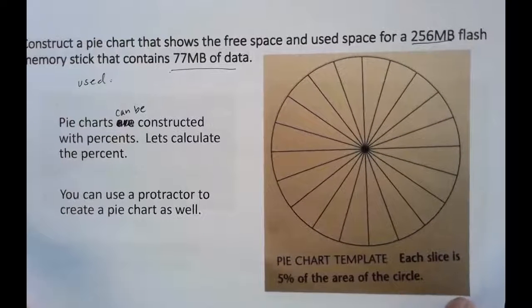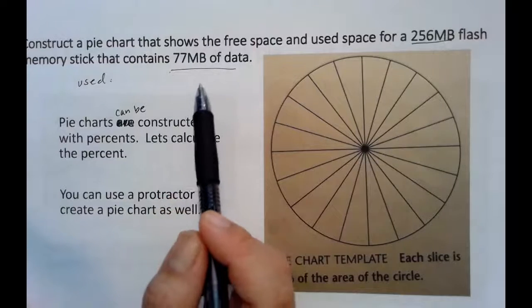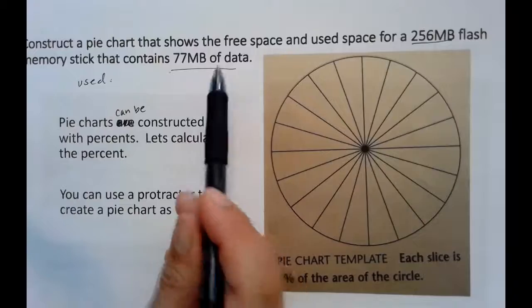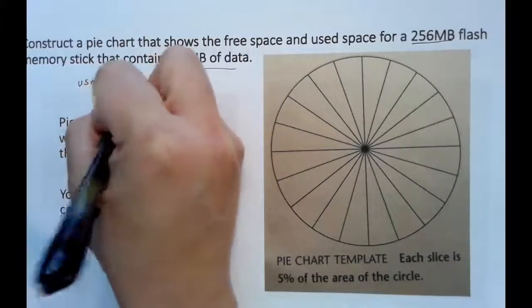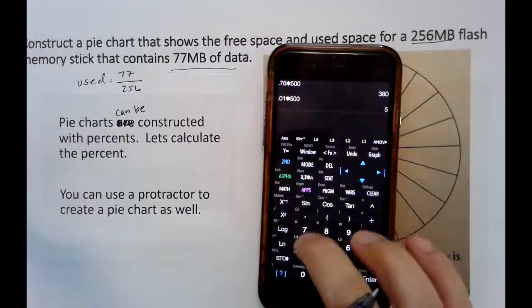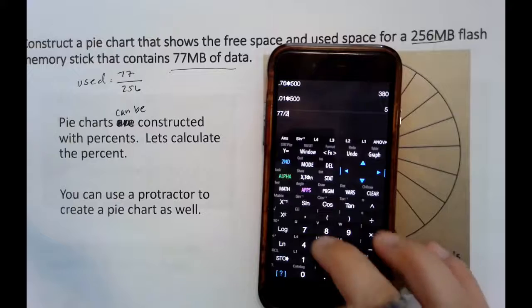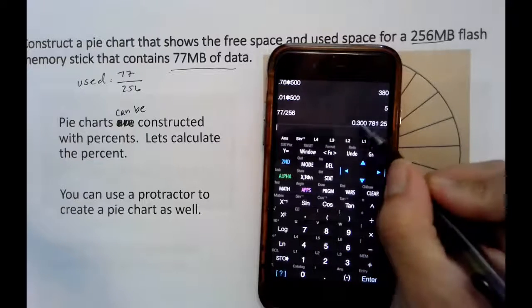So if we want to know the percentage of data used on a flash drive, we would take 77 out of 256, and we would get the decimal and convert it to a percent. So 77 over 256 is about 0.30.